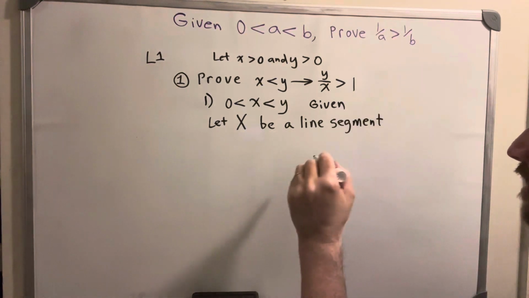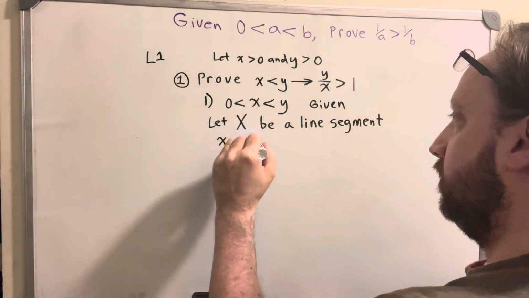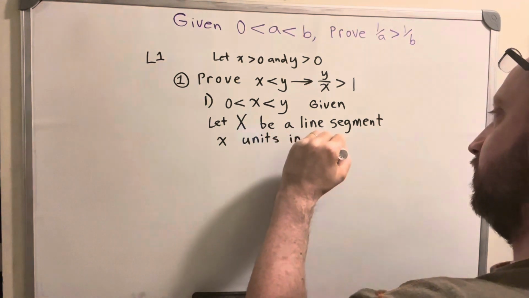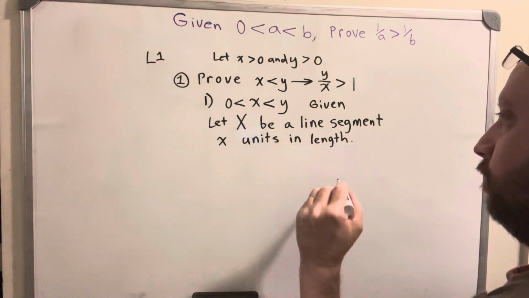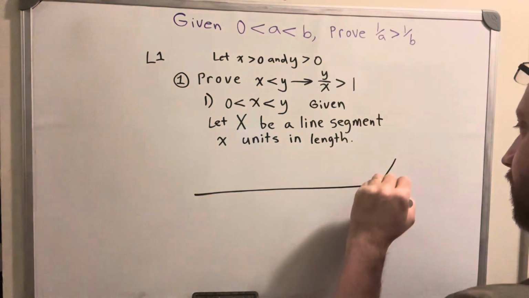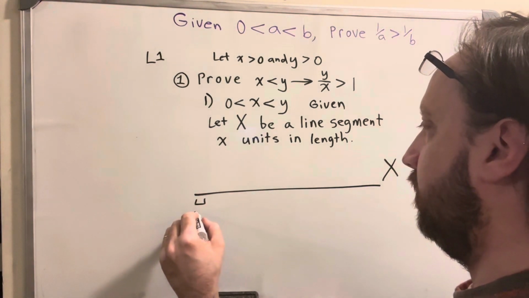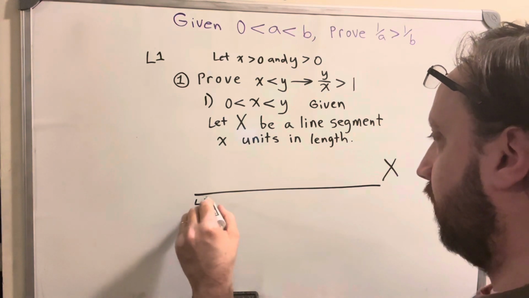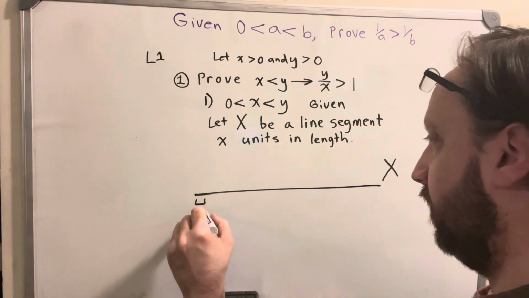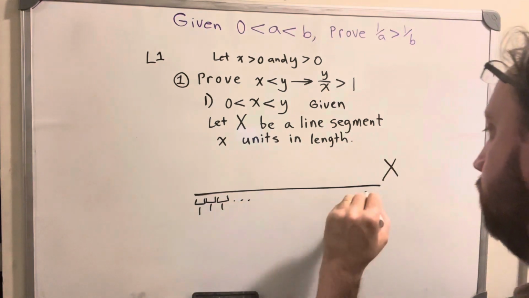a line segment, lowercase x units in length. So what that means is, let's take this line segment, capital X, and each of these subsegments that I'm drawing is 1 unit in length, and so on, all the way to here.